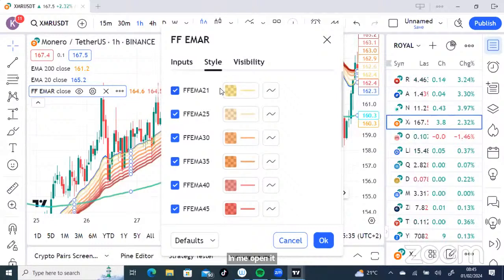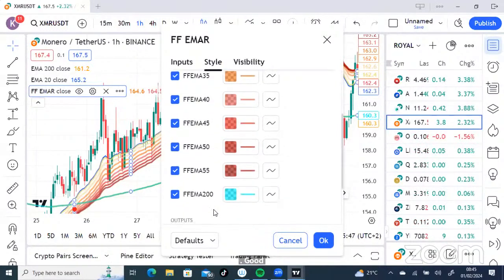It has a 21 moving average, 21 candles, 25, 30, 35, 40, 45, 50, 55, and a 200 moving average. So it combines so many indicators at once.